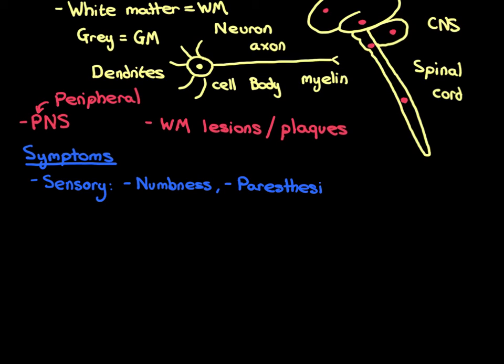So this is a fancy word that means tingling sensations. It's strange sensations. When you get pins and needles, that you can fancily refer to as paresthesia. That's what is meant by paresthesia, that strange sort of tingly feeling that isn't pleasant. It's not a pleasant feeling at all.